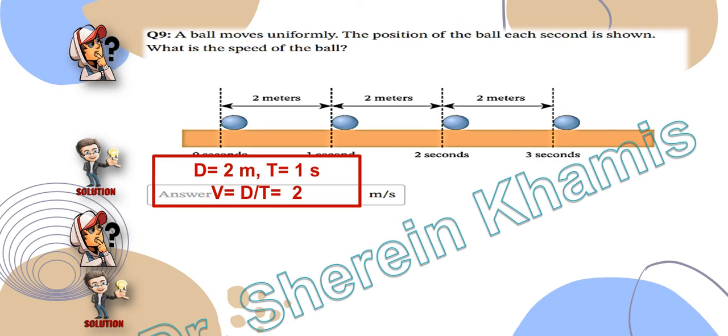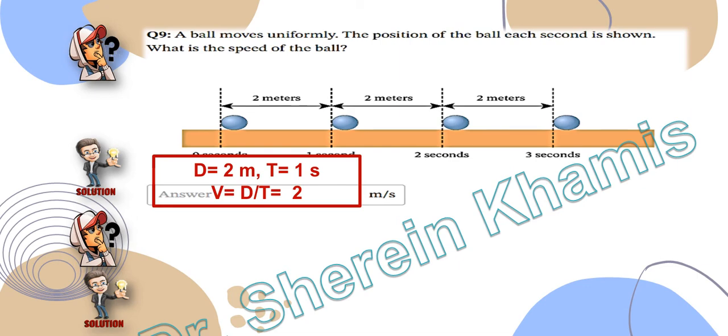Here we take 4 meters divided by 2 seconds, also giving 2 meters per second. From the start to the last one, 6 over 3 also gives 2 meters per second. So it's a uniform speed, and the body moves uniformly, meaning it passes equal distances in equal periods of time. This is question 9.